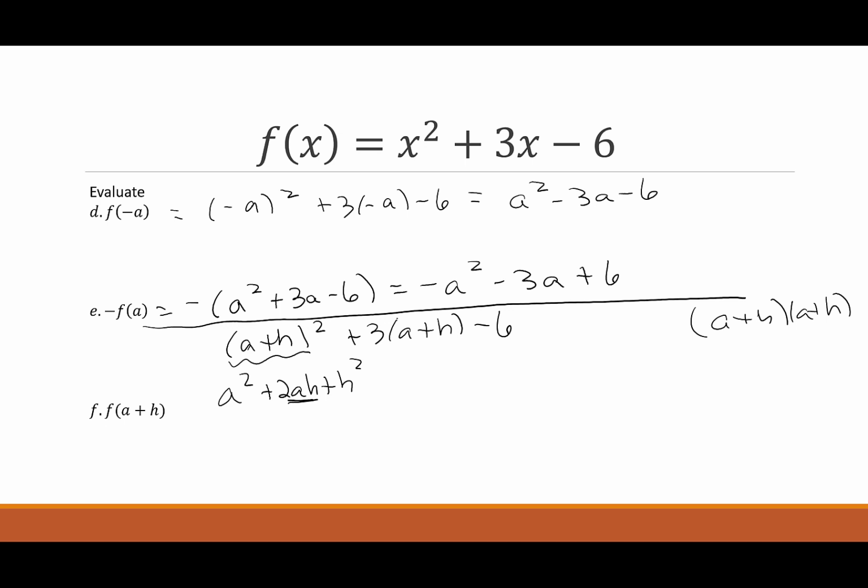So if you didn't remember the 2ah, make sure you do the multiplication and it will come out. Then I have plus 3a plus 3h minus 6. Now you look at that and it's really big, but we're actually done and nothing gets to be combined here. a squared doesn't have a matching term, neither does the 2ah, the h squared, 3a, 3h, or 6, so that's fine, we'll leave it alone.